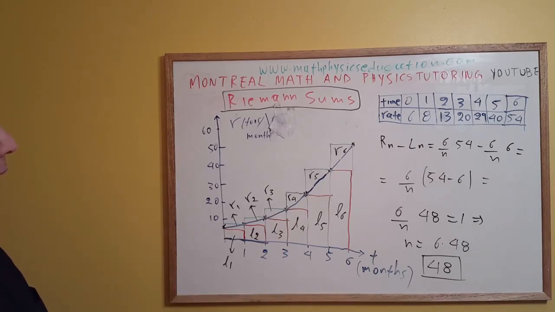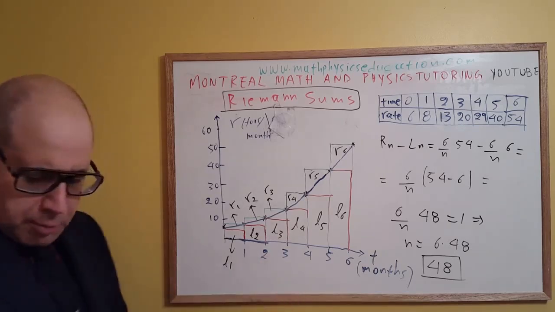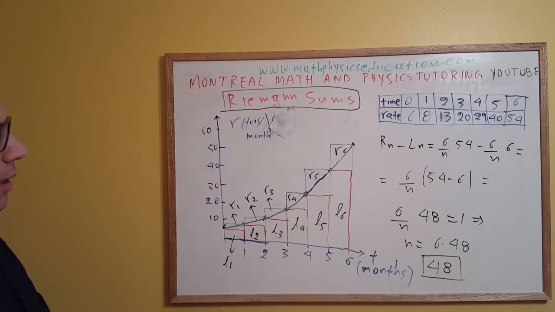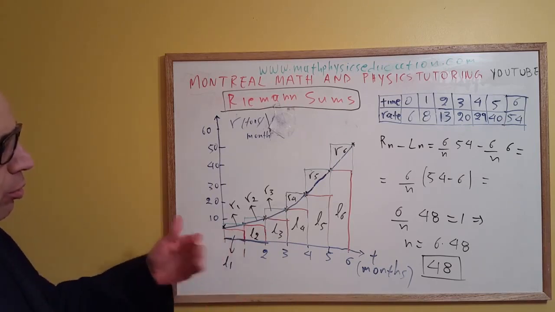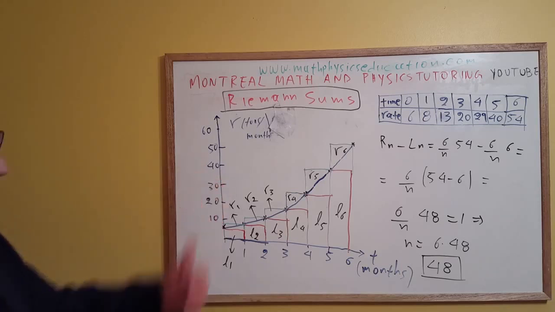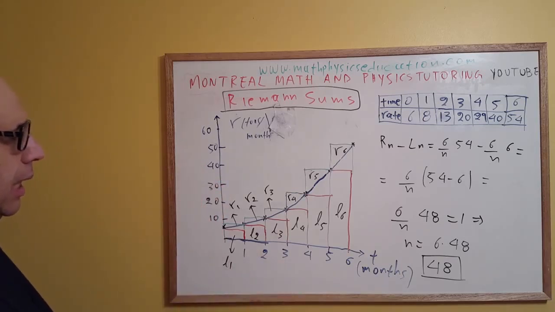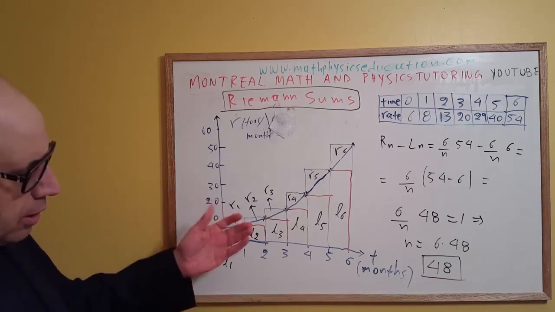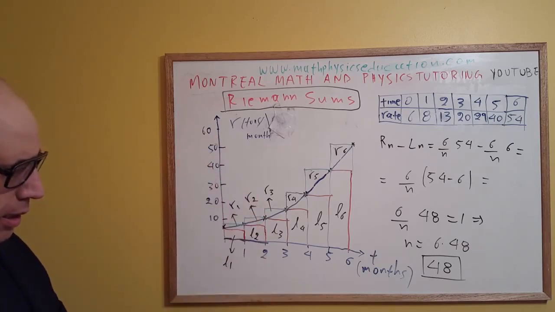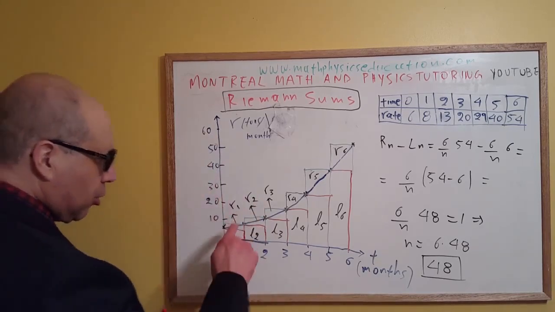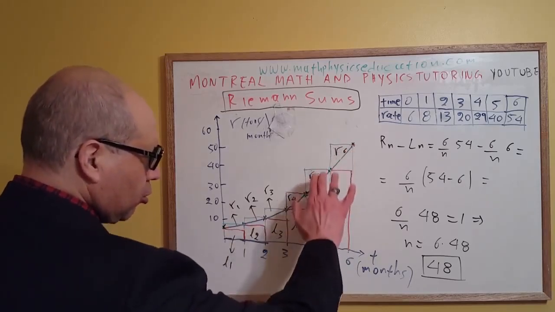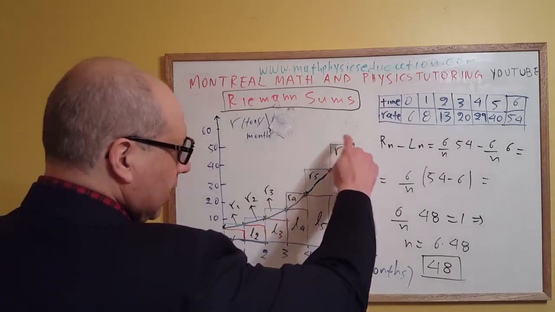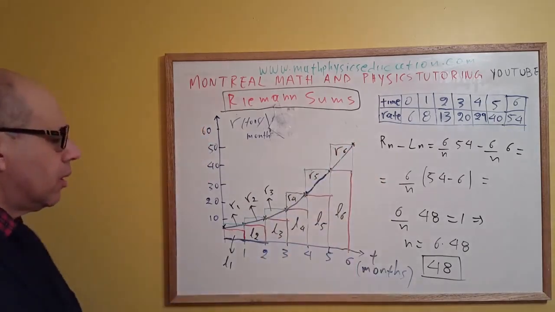Everybody who has done this topic knows that if someone wants to find an underestimate and an overestimate, you have to use left endpoints and right endpoints. Because this graph is increasing, the overestimate will be taken by the right endpoints.